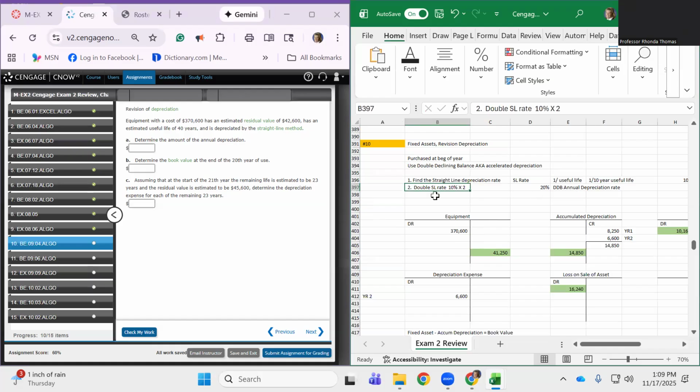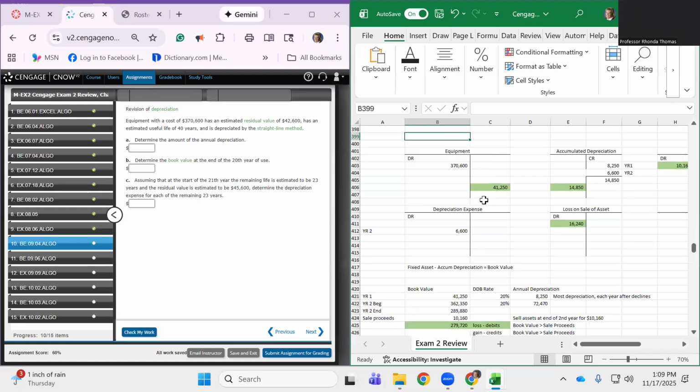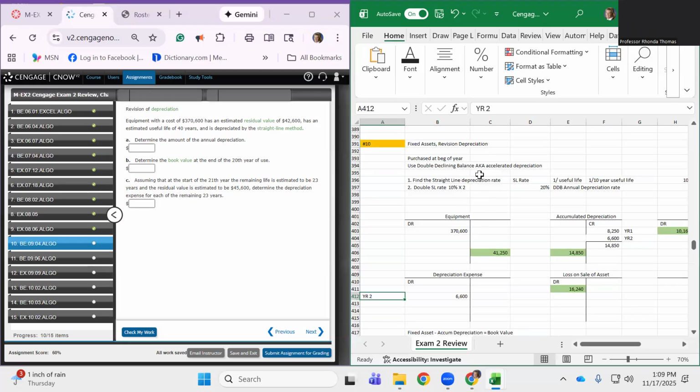So we are not using the double declining balance for this one. So we're using straight line.